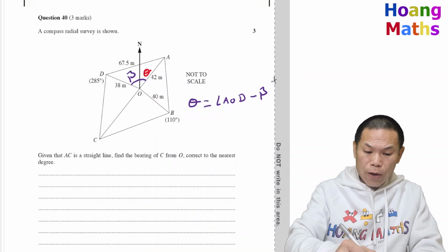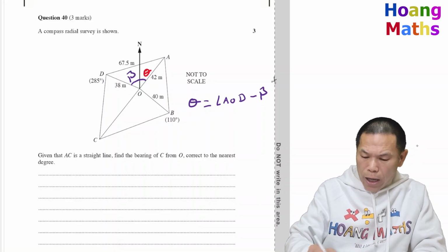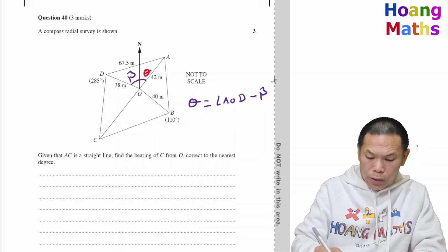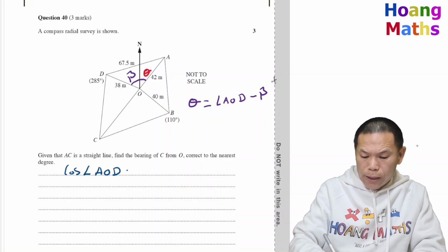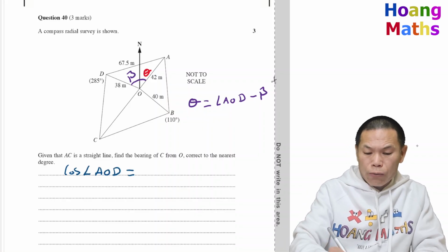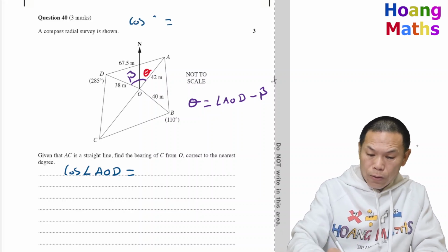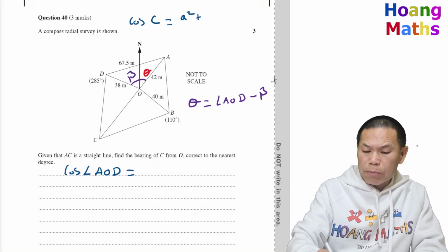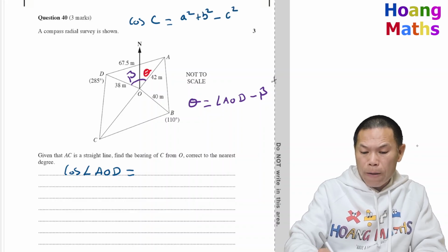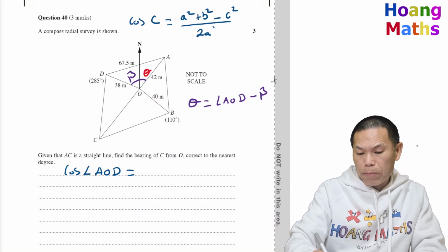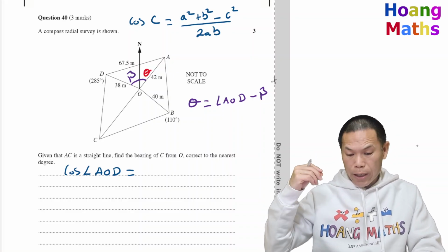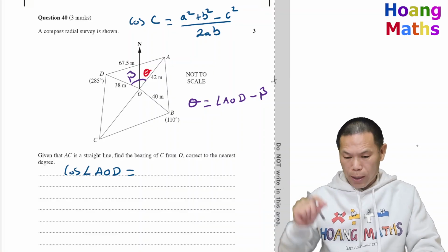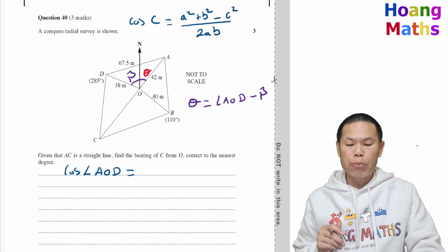Let me just write it down first. So cos of angle AOD, remember the cosine rule: cos of C is equal to a squared plus b squared minus c squared over 2ab. We know that a and b are 38 and 42 centimeters, and c is 67.5.